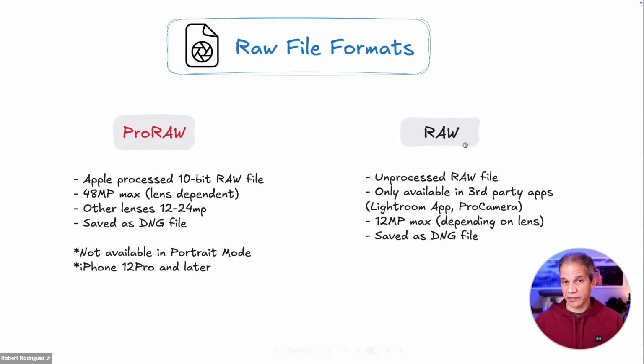In either case, whether you're shooting in ProRAW or RAW, either one of those files can be imported into Lightroom. Of course, when you use the Lightroom app, it's already inside of the Lightroom app. And if you have a subscription, then it'll sync to the cloud. If you are using the built-in camera app, then you can import that image into Lightroom, and that'll also sync to the cloud.